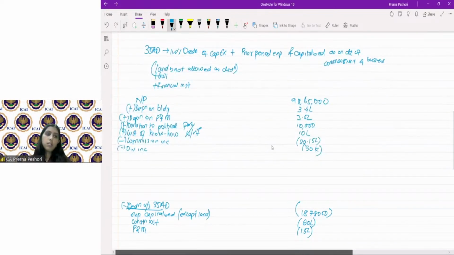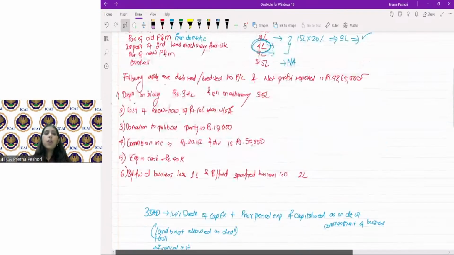So add back. Okay. Now brought forward business loss and brought forward specified business loss. What will happen in this case?